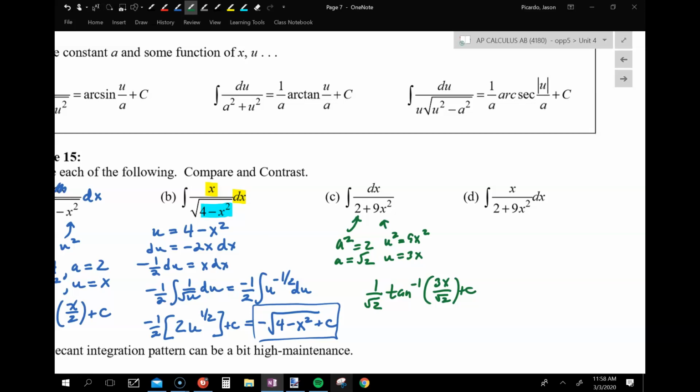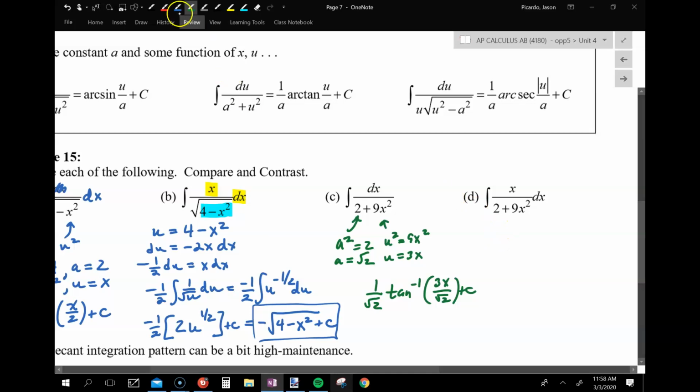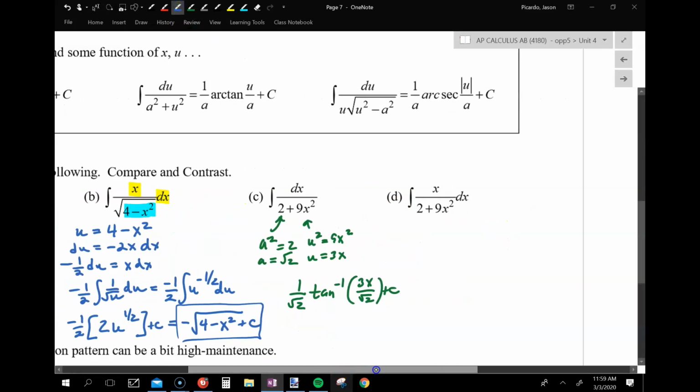Lexi, how is D different? Which probably means I'm going to have to do a U sub. All right, so we're seeing the special cases and how they start to pop up, okay? So let's make a U sub. So my U is going to be this.